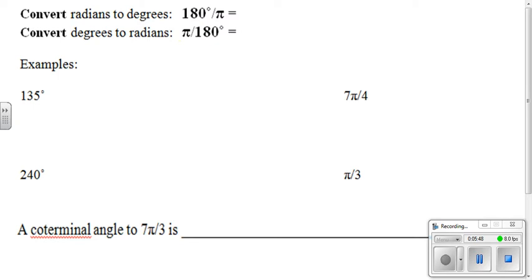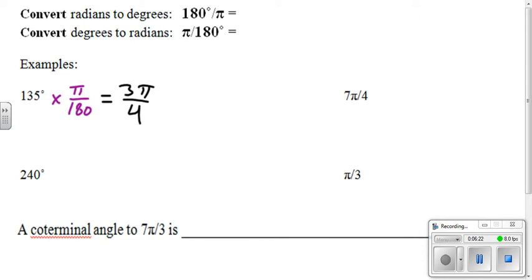If we wanted to do a little more example work here, we would take 135 times pi over 180, in which case we would be left with 3 pi over 4, because 135 over 180 is going to be 3/4.